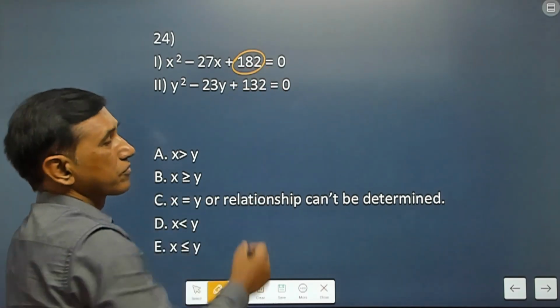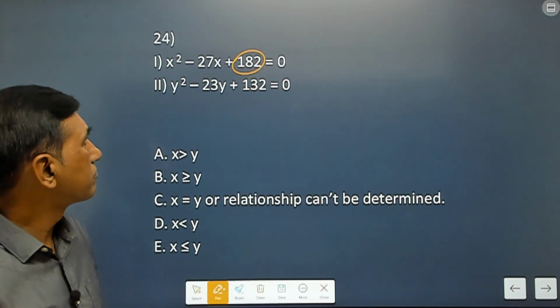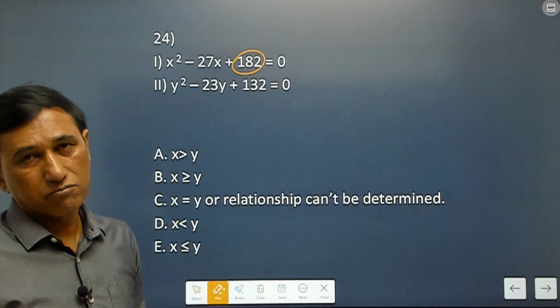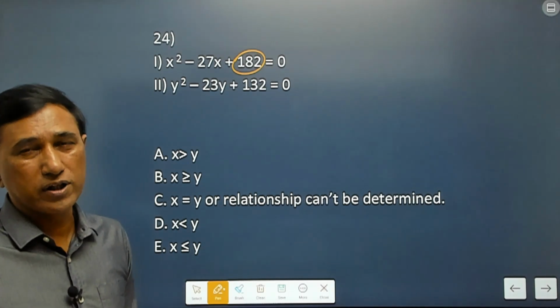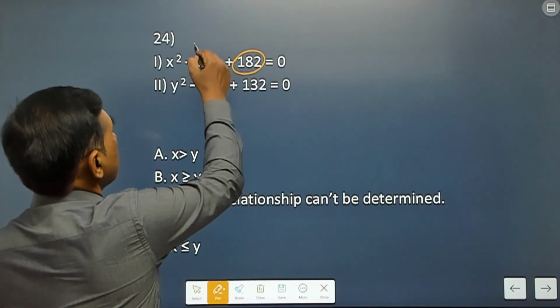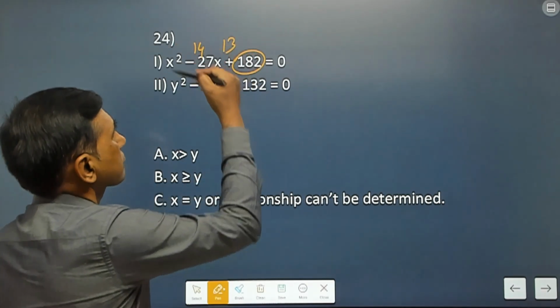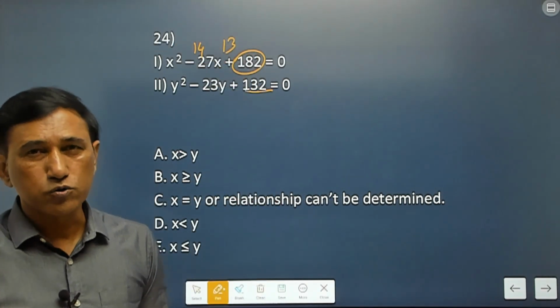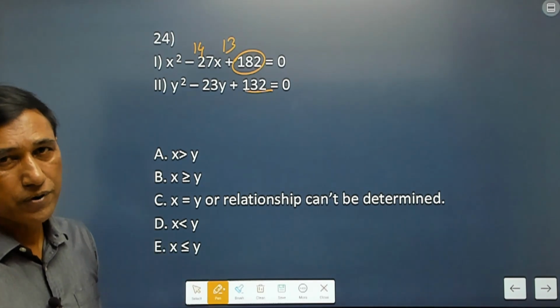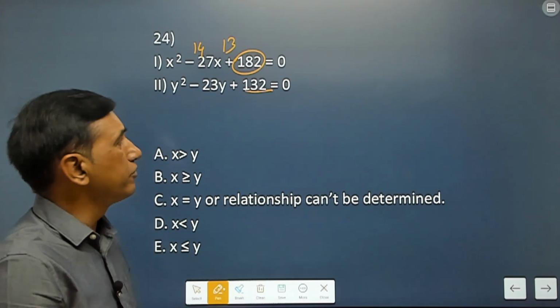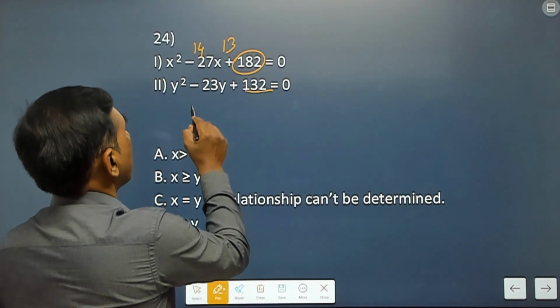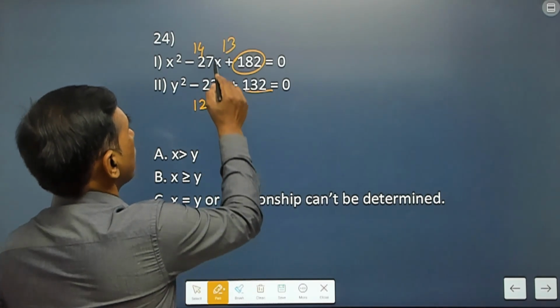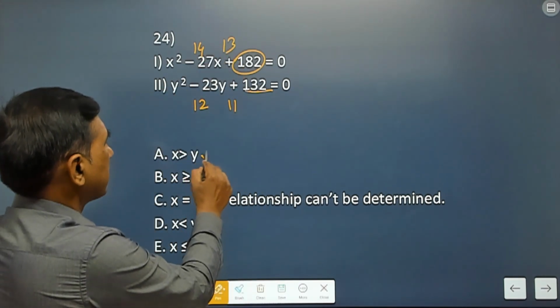14 or 13? 13 into 13, 169, 14 into 14, 196. So this is 14 and 13, both plus. This is 11 into 12, this is a very common figure. So if you practice, then you know that this is 11 and 12. So x is greater than y.